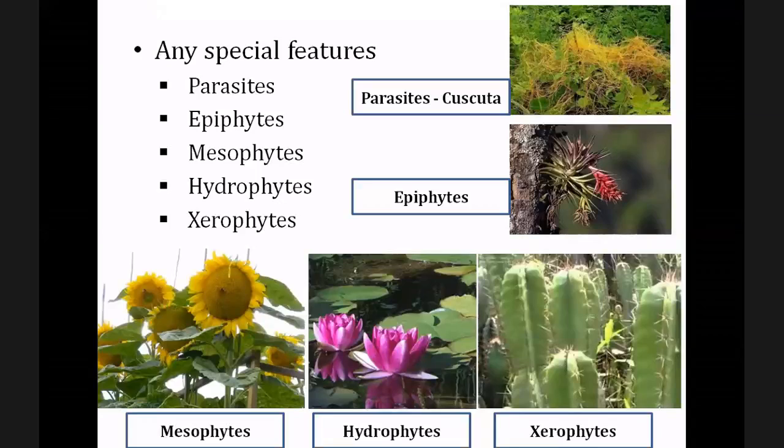Okay, the third category: some special features are there. Under the habit, some special features are there. So under the special features, there are 5 categories: the parasite, epiphytes, mesophytes, hydrophytes and xerophytes.